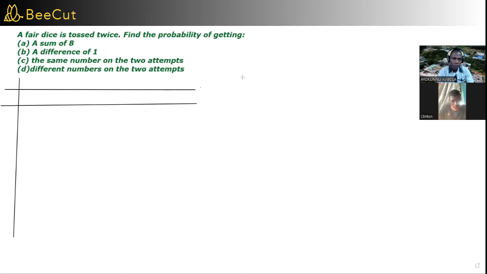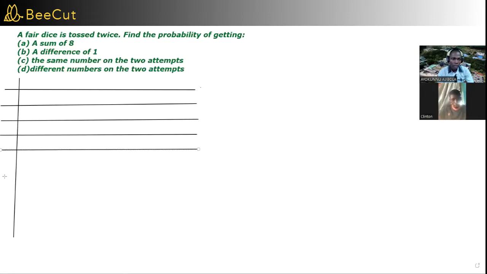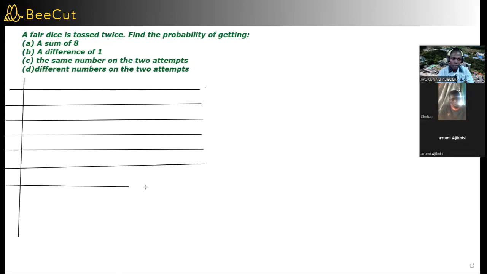So this is space for 1, this is space for 2, then third one, fourth one, the fifth one, and the sixth one here. Having this, I'm going to have the other one. So are you following? Yes, sir.